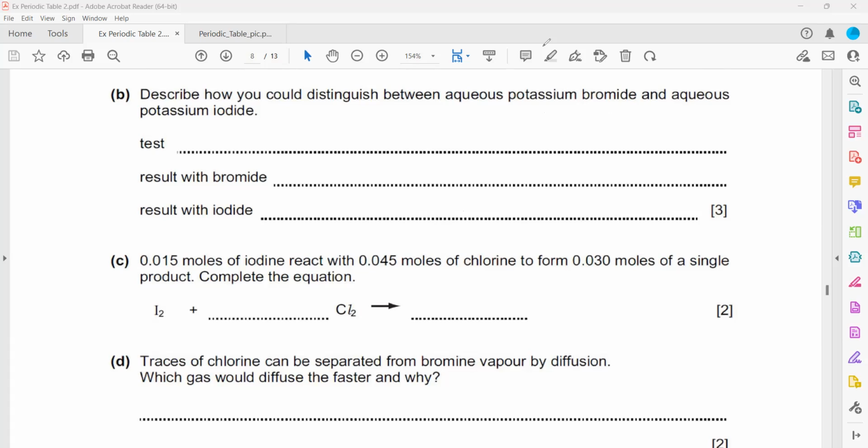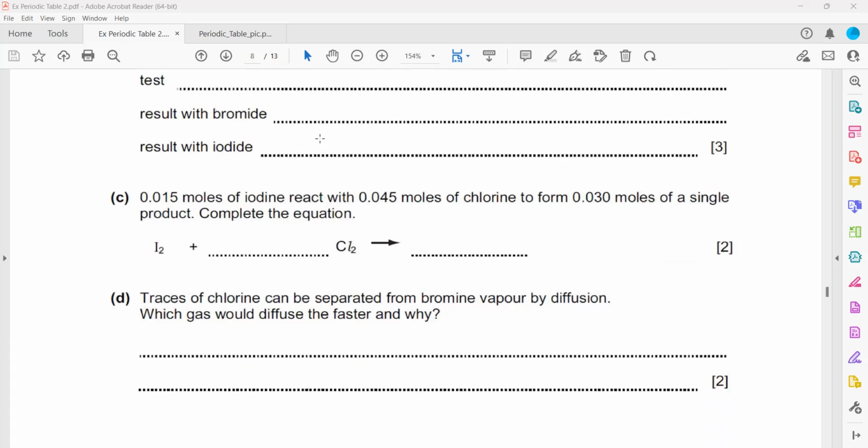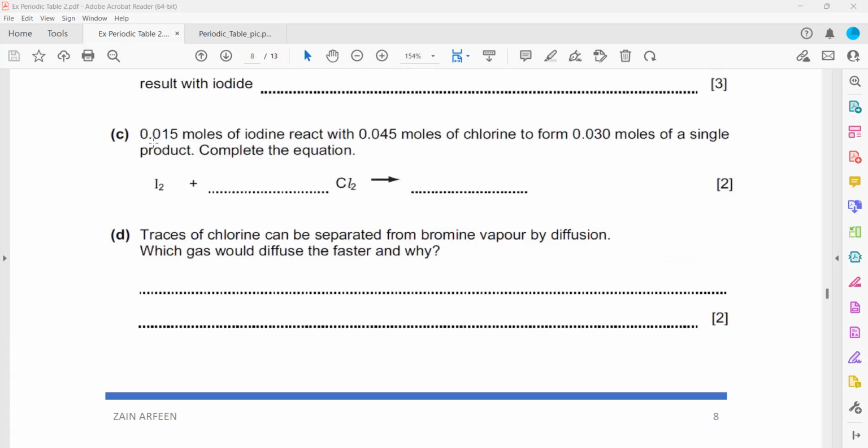The test for water: if we want a physical test, check the boiling point. For the chemical test, we use copper sulfate or cobalt chloride to test the water. Then 0.05 moles of iodine react with 0.45 moles of chlorine to form 0.03 moles of one product.